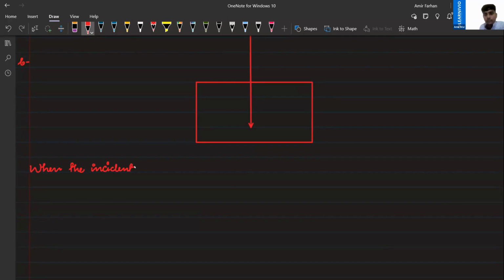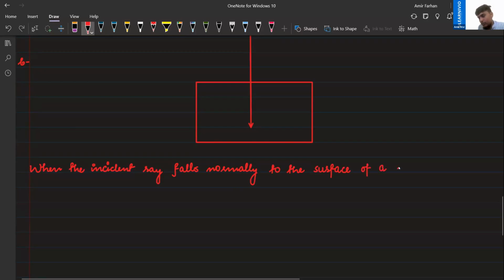Incident ray falls normally on a glass slab.